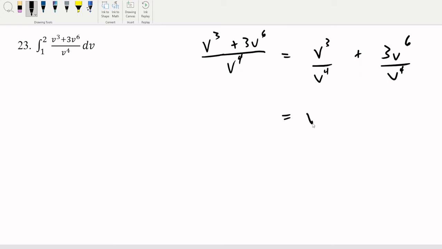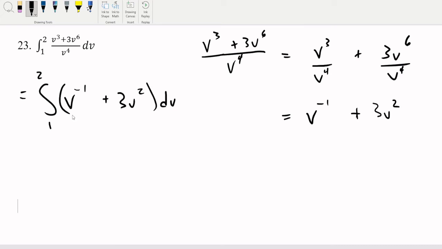This ends up being v to the -1 plus 3v squared. So the integral is from 1 to 2 of (v to the minus 1 plus 3v squared) dv. I'm putting parentheses around everything that's being integrated.